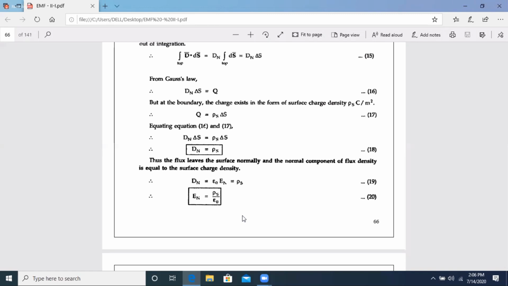If I go too fast, you tell me. E1 is what? 2AX plus 3AY plus 4AZ. Don't leave off your units. Volts per meter. Yes, sir.